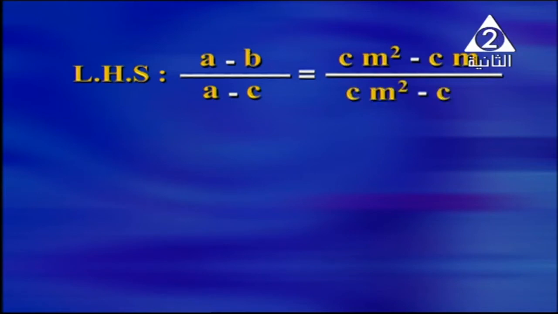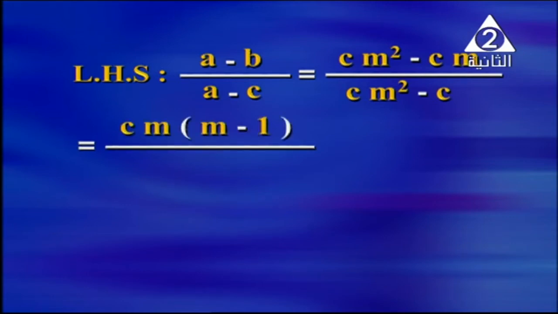Cm power 2 minus C. By taking the highest common factor from both numerator and denominator, we take Cm from the numerator as a common factor, so the bracket will be m minus 1. And from the denominator, we take C as a common factor, so Cm power 2 divided by C gives m power 2 minus 1. Then you are going to reduce.